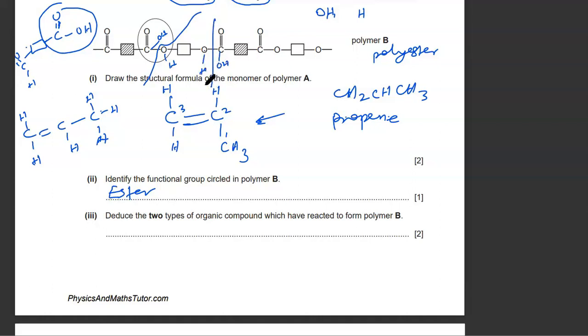If I draw it this way, my two functional groups will be OH, and C double-bond O. I return the OH back to it on one end. Then on this end, I have my double bond and I return the OH back to it. So I form my two molecules.